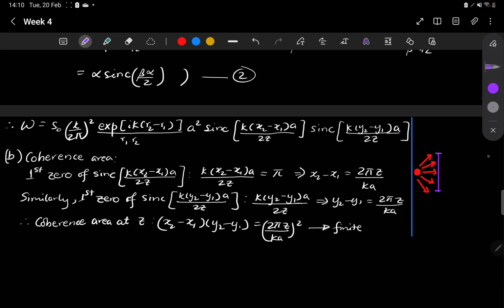But now if I keep that same piece of area further away, I see that within the paraxial approximation, only these k vectors are going to contribute.